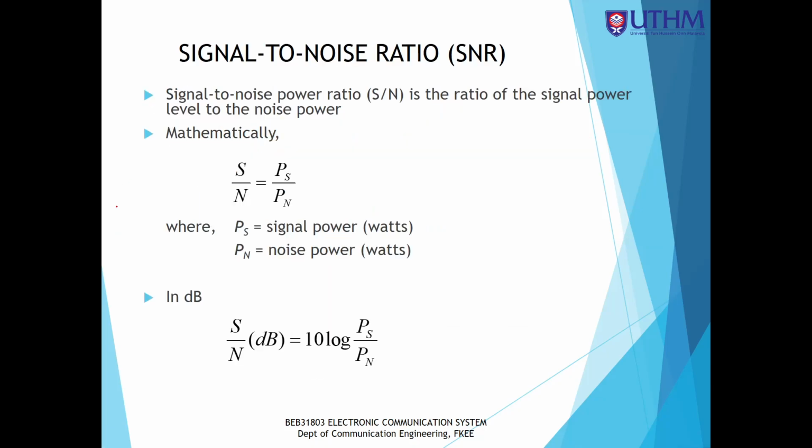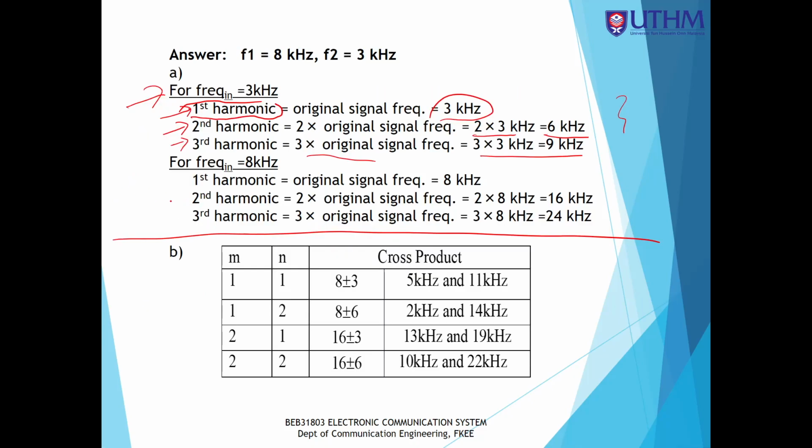For the second input frequency, which is 8 kHz, the fundamental is 8 kHz. Second harmonic is 2 times the original, so 2 times 8, located at 16 kHz. Third harmonic is located at 3 times 8, so 24 kHz.